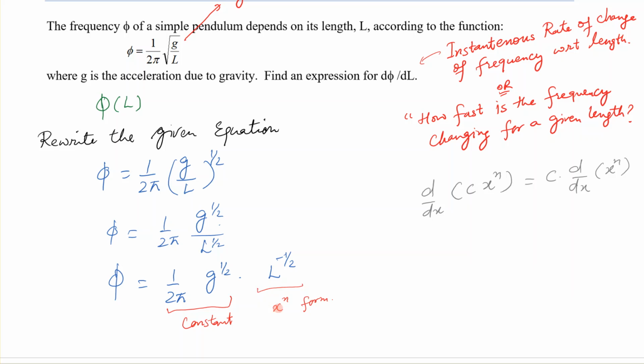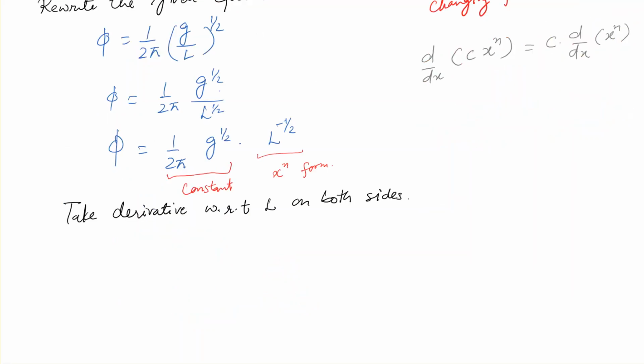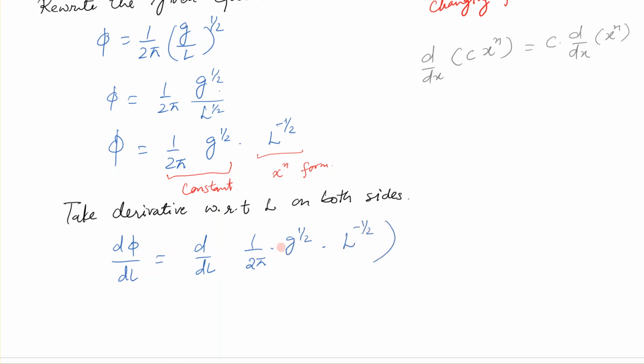In this case, L is a variable, so we have L raised to some power. Now we're going to take the derivative with respect to L on both sides. We notice that d phi over dL is equal to the derivative of 1 over 2 pi g raised to power half, times L raised to power negative half.